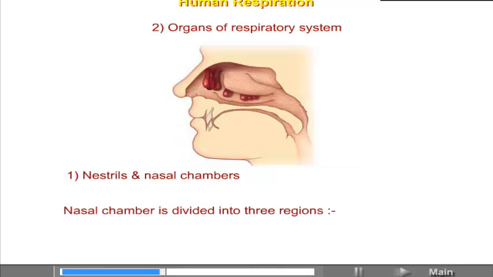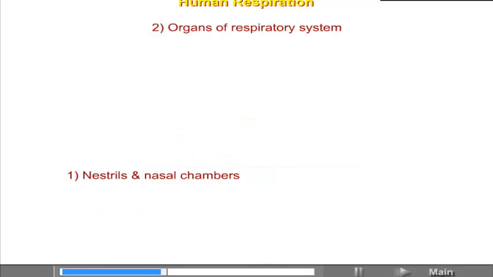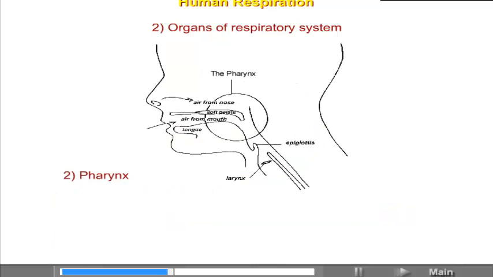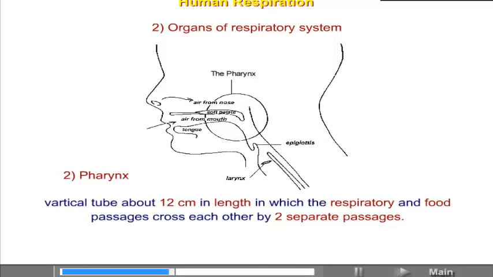Nasal chamber is divided into three regions: vestibule, anterior-most part with hair to trap dust particles; respiratory part, highly vascularized, it warms and moistens the air; sensory part, lined with sensory epithelium for smell detection.